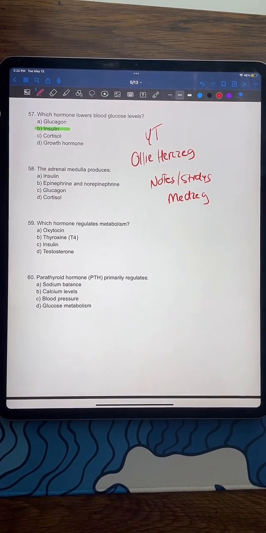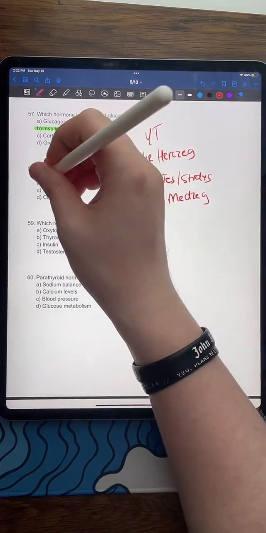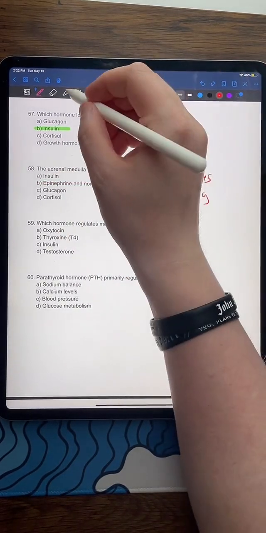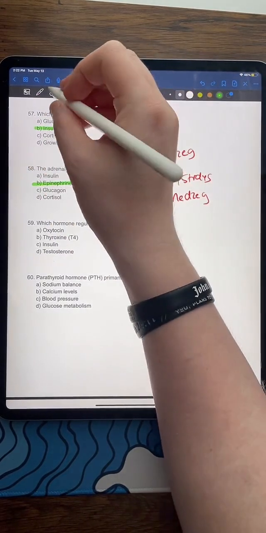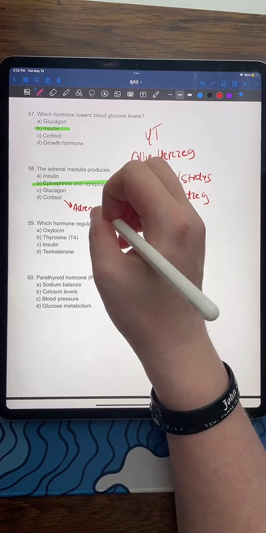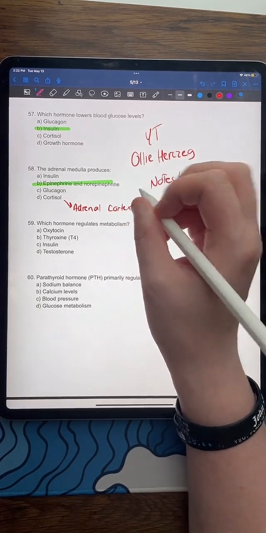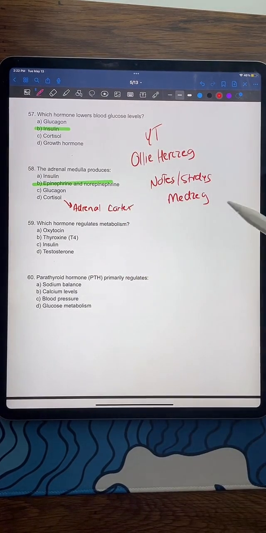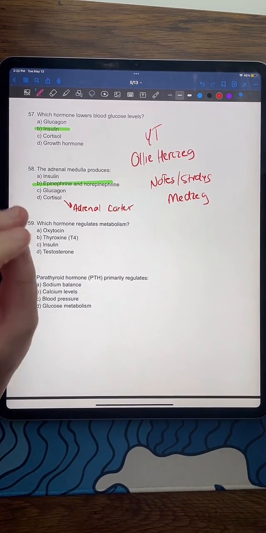The adrenal medulla produces B, epinephrine and norepinephrine. Cortisol gets produced by the adrenal cortex. So the adrenal medulla secretes epinephrine and norepinephrine in response to our fight or flight response.